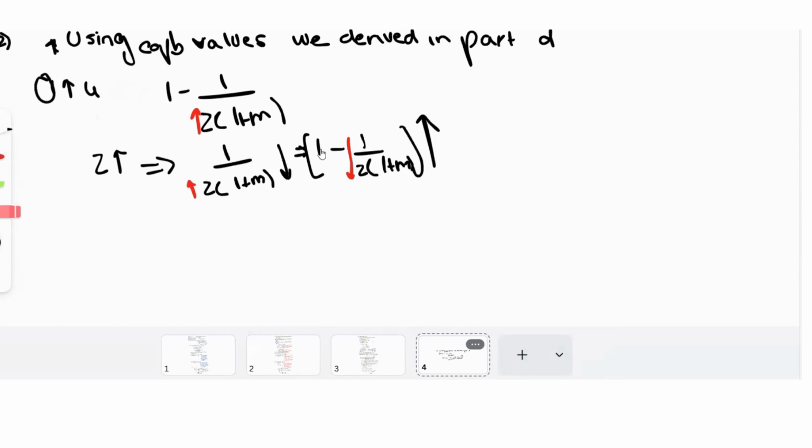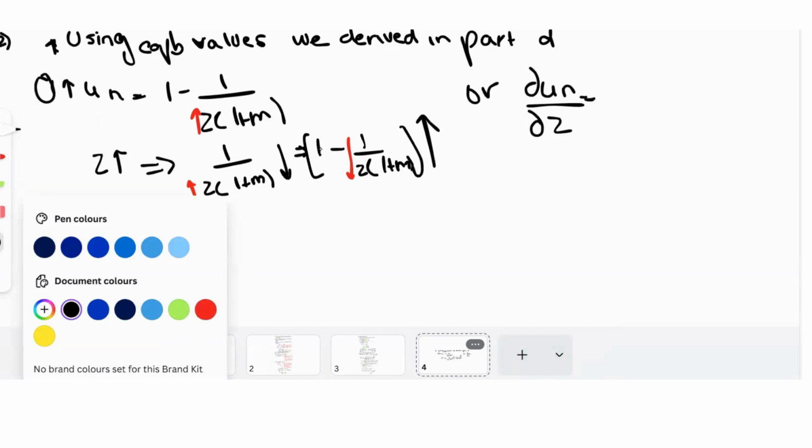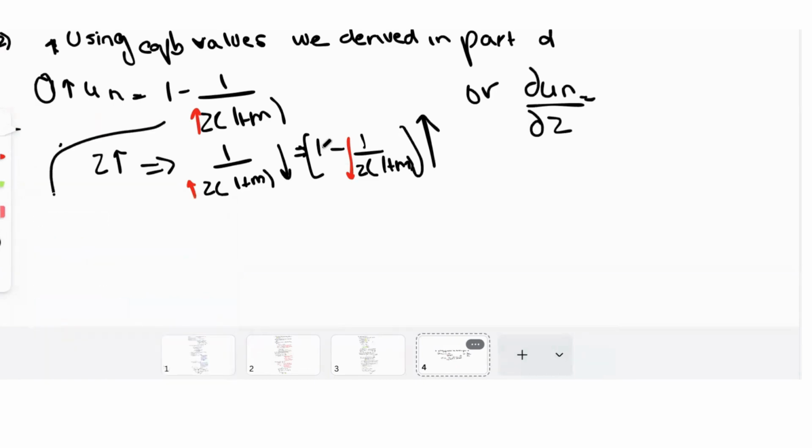So this is one way to look at it, using the equilibrium values we derived. Alternatively, we could have looked at partial UN by partial Z. If you want to take the derivative of this, it is helpful to first rewrite it in a form with Z in the numerator.